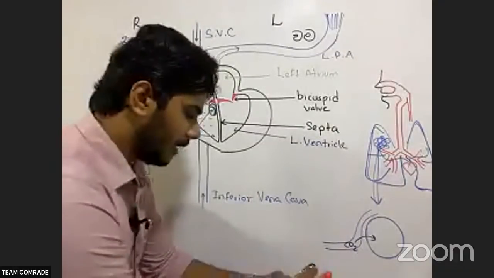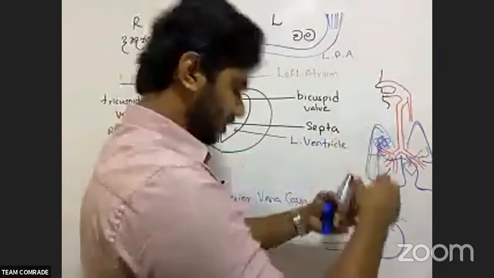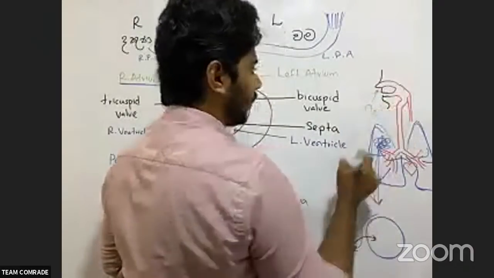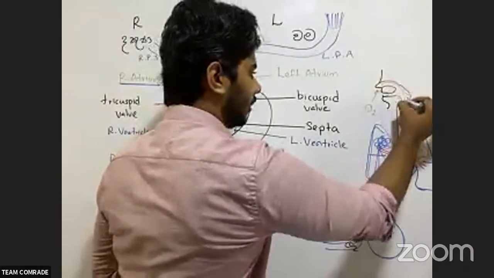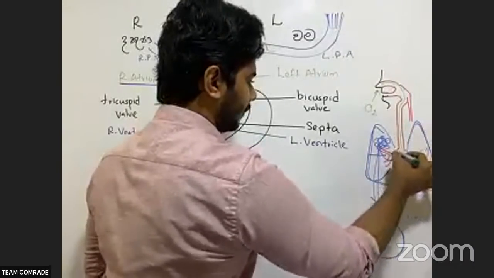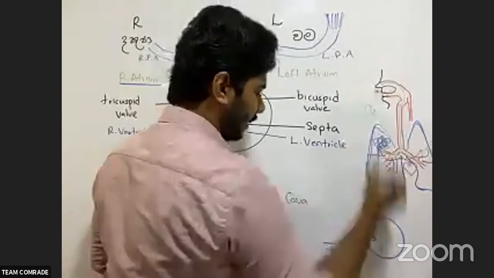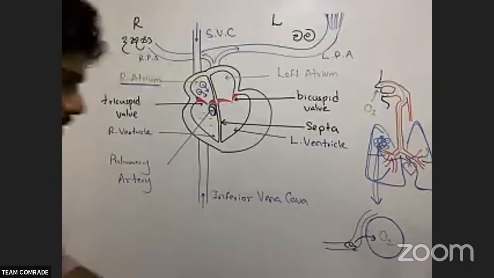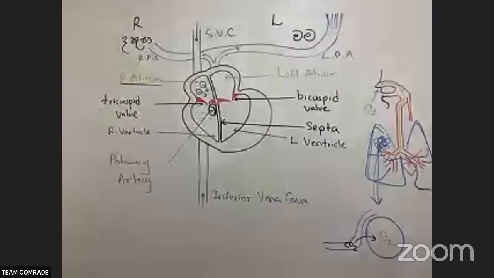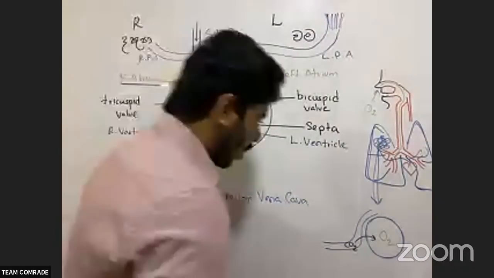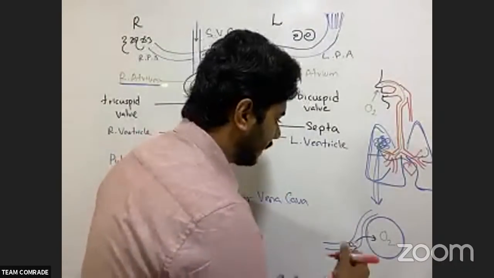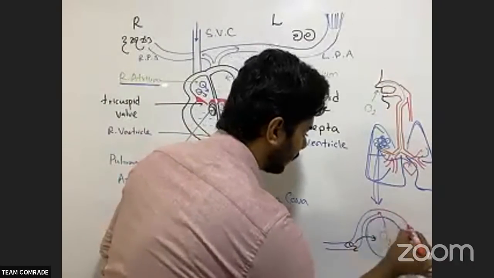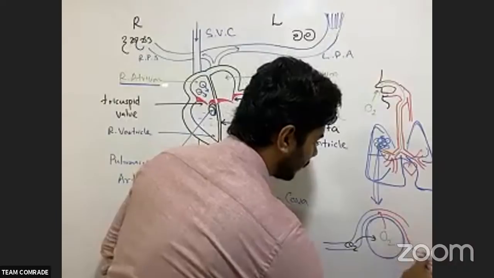Now when I inhale oxygen, see this properly. Oxygen is going here, coming here, and inside this we have oxygen. What happens to this oxygen? It enters the bloodstream, and the blood converts into red color.